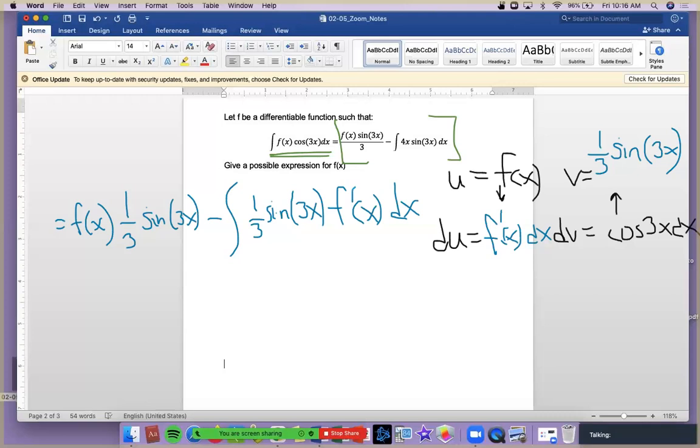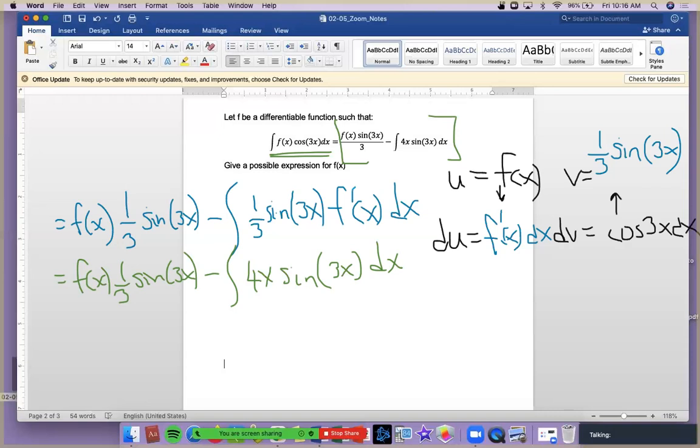They're saying that the integral is f of x, 1/3 sine 3x minus the integral 4x sine of 3x dx. And this is rhetorical, do you have enough information to take a stab at what f of x was?